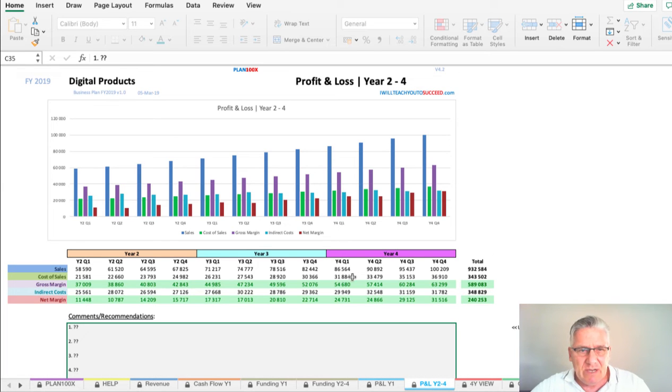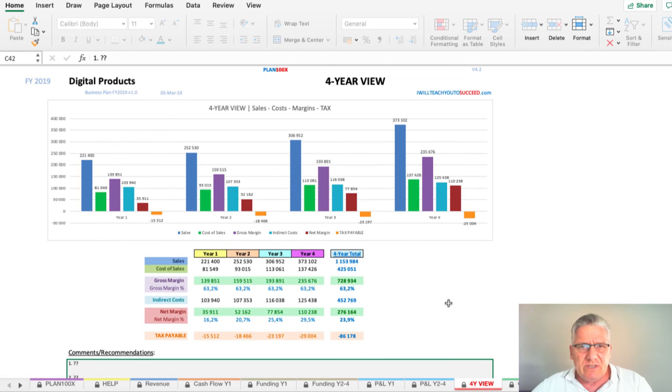Profit and loss statement also all looking good, all above the line. Net margin very positive and looking great. And if you look at it on a 3-year basis here, years 2, 3, and 4, these are the totals on the right-hand side.